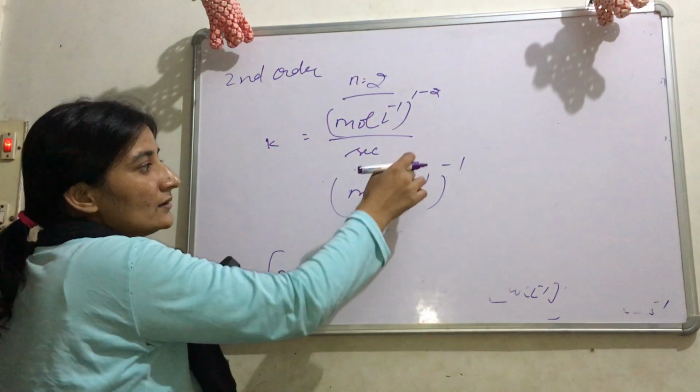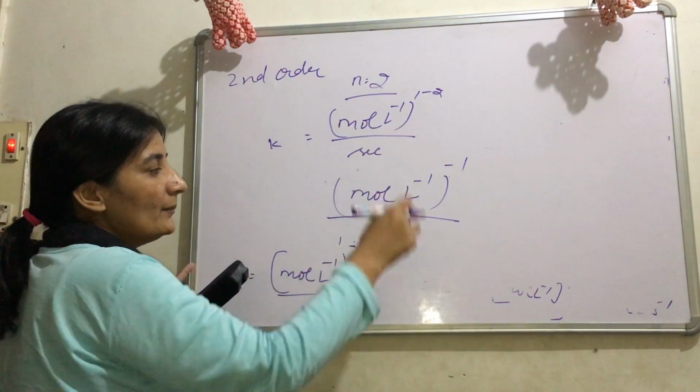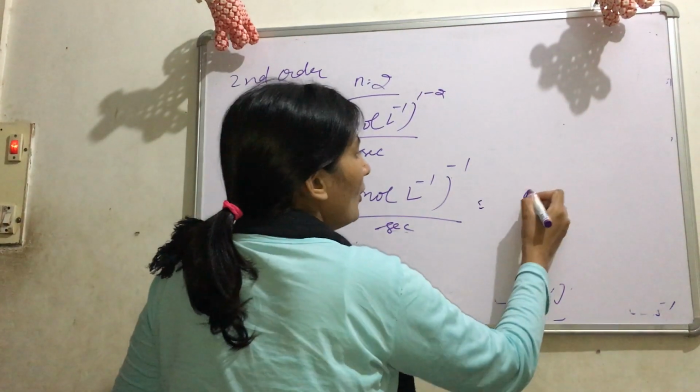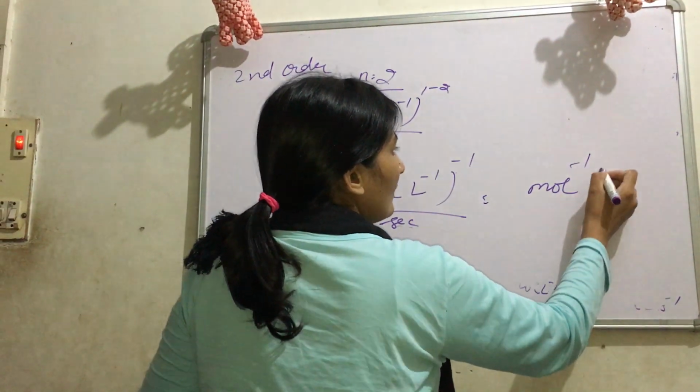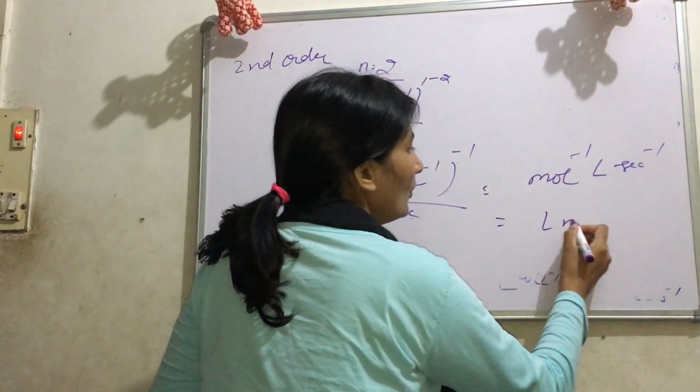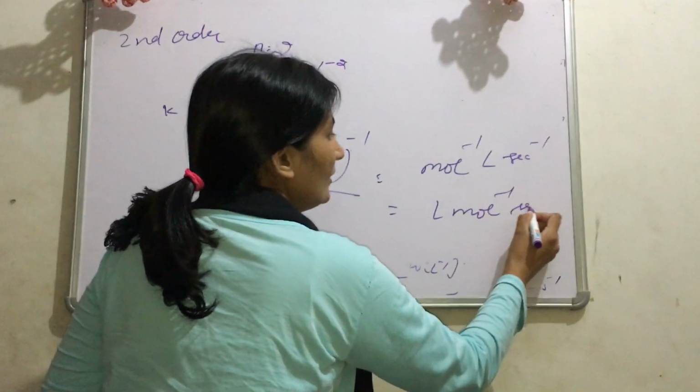Minus 1 means this is 1 by mole per liter. So the unit becomes mole inverse liter second inverse, or we can write liter mole inverse second inverse.